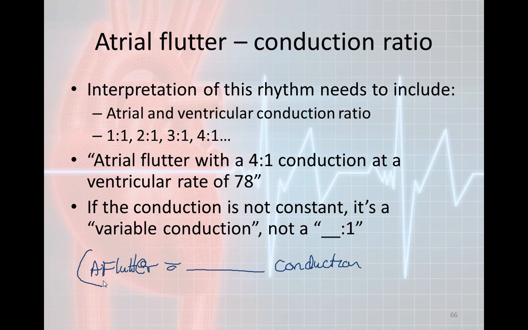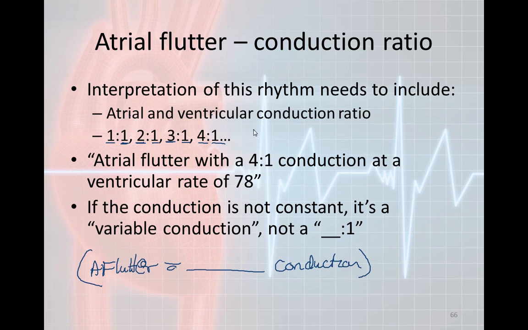All of this should be in your interpretation. So you should have your atrial and then your ventricular conduction ratio. If you have a 1-to-1, that means you have 1 flutter wave for every QRS complex. A 2-to-1 is 2 flutter waves for every 1 QRS complex, 3 flutter waves to every 1 QRS, and 4 flutter waves to every QRS.